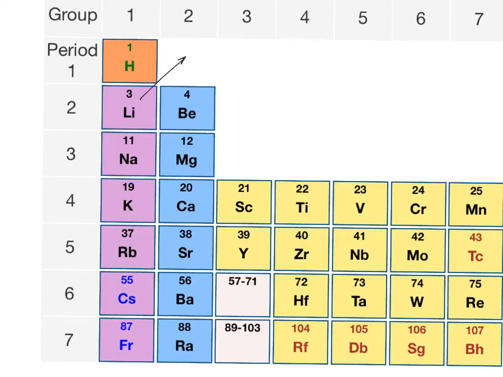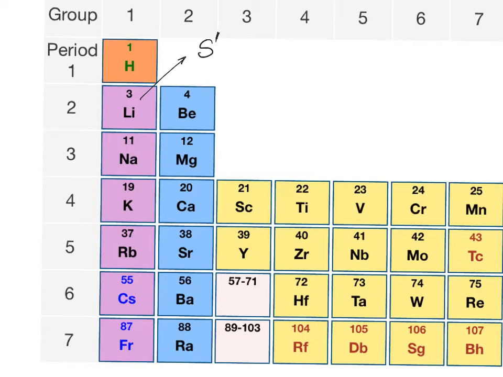This group is the alkali metal group. If they are in group 1, it's because they have only one electron in the last level of energy. They are representative elements, so the ending of the electron configuration is s1.